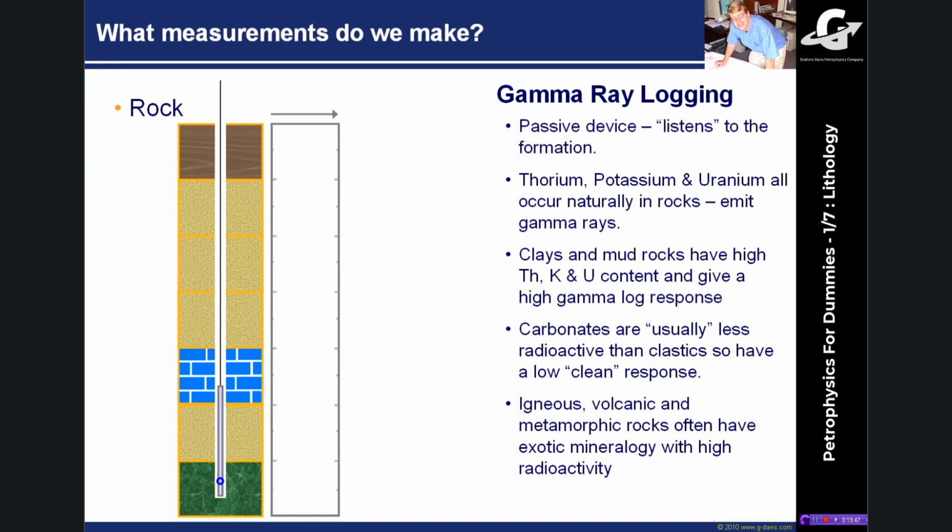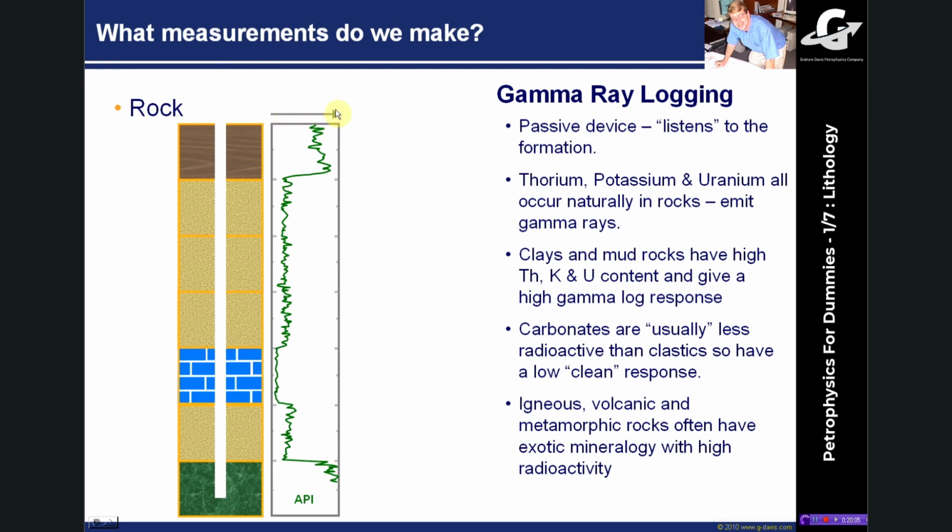radioactivity themselves. So what we do with our tool is we put the tool down the hole on the end of a wireline, and we pull it out slowly, and as we pull it out, a measurement is made. And here what I've shown is that the increasing radioactivity comes from left to right.